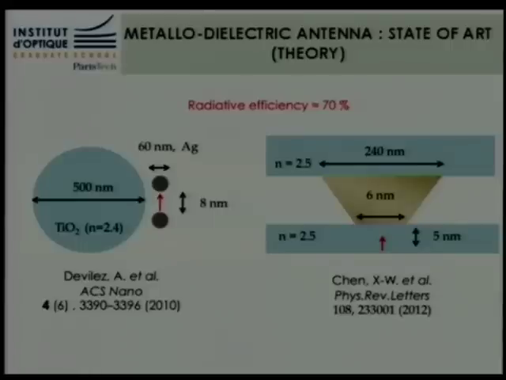And in the group of Vahid Sandoghdar, they used two semi-infinite high refractive index dielectric media and a small metallic core. In both cases, they reached radiative efficiency of around 70% and Purcell factors of several thousands.